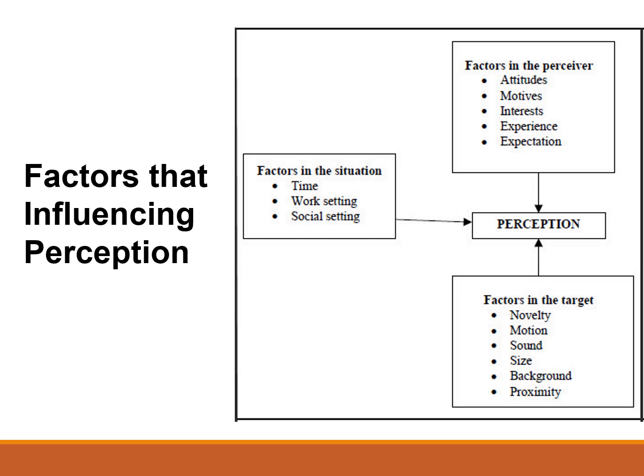So the next one is factors in the target. First one is novelty. We pay more attention, or we draw attention, to new objects. For example, job rotation, changing workers from job to job, will increase attention to the particular task they perform.